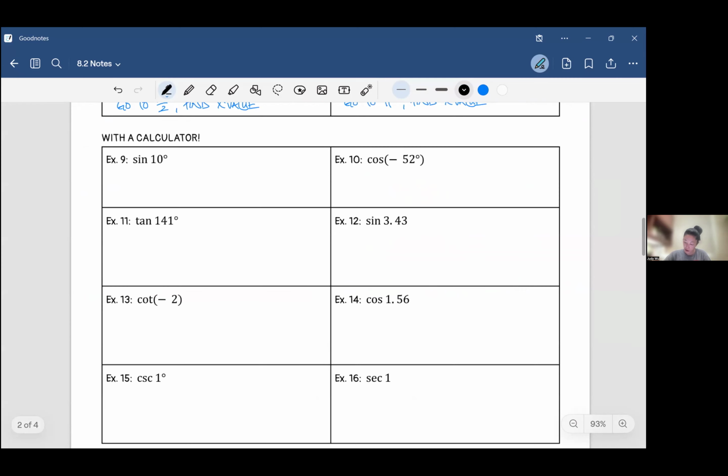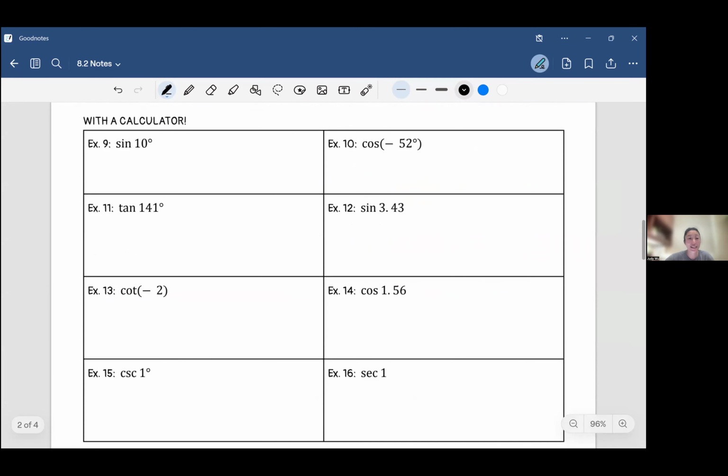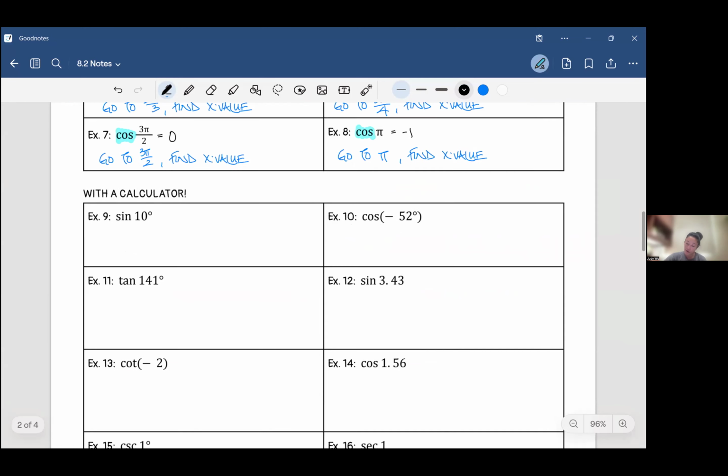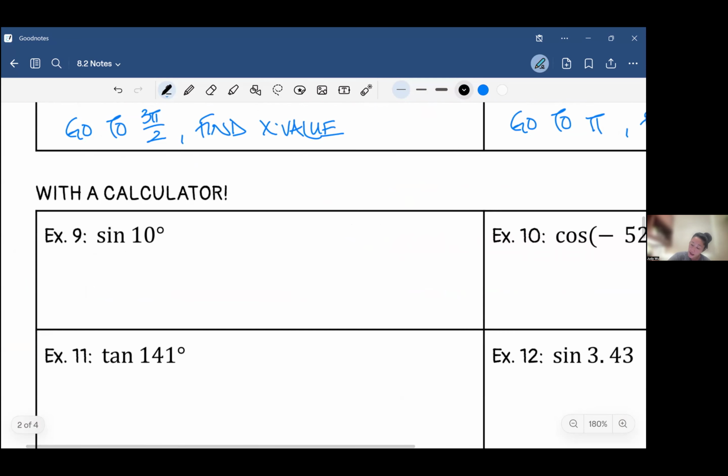All right, so you'll see for these last 8 examples that we actually are going to do these with a calculator, okay? So if you have your own calculator, absolutely fine. If you don't have a calculator, you can go ahead and go to desmos.com and they have a calculator that you can use, okay?